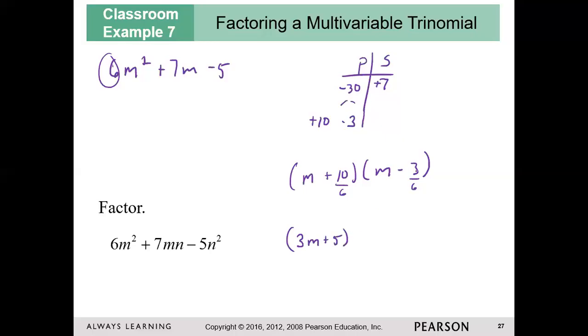And these are both divisible by 3. So this will be 2m minus 1. Again, I'm just simplifying the fraction. I told you I would skip this step of rewriting the simplified fraction. So that's why I get my answer a little bit cleaner. And then last but not least, don't forget to put your n back in the problem. So put n in, put n in. Now we are done.